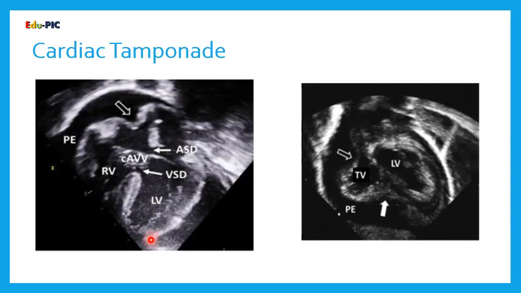In these images, we can see some signs of cardiac tamponade, so we can assess if there is a pericardial effusion which can cause a cardiac tamponade. So first, you need to assess the patient clinically, and then on the echo, there are some signs of cardiac tamponade. One of them is invagination of the right atrium during diastole, so it's compressed, invaginated inside the right atrium.